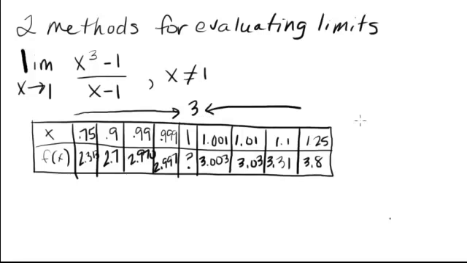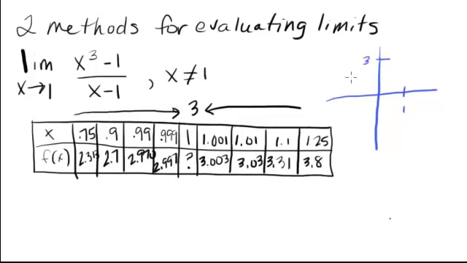So if we were to draw the graph of this, hopefully I can put a little bit of a graph off to the side here that you can see. The graph of this thing, and I'm sorry, the software makes it kind of hard, says that as x approaches 1 here, the value of the function is getting closer and closer to 3.